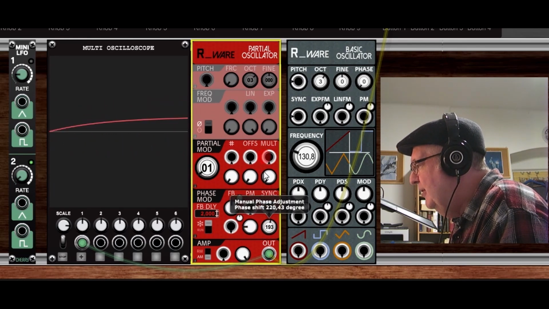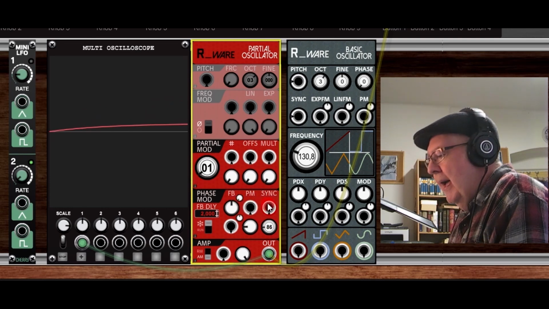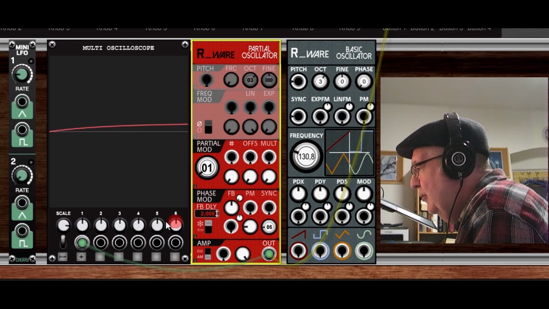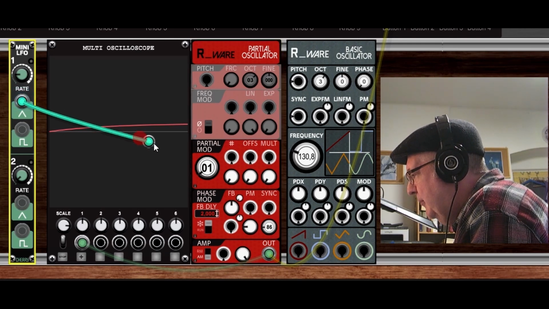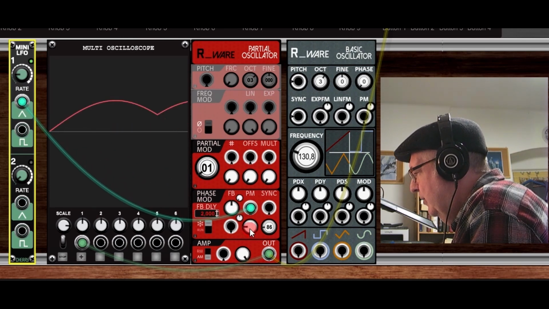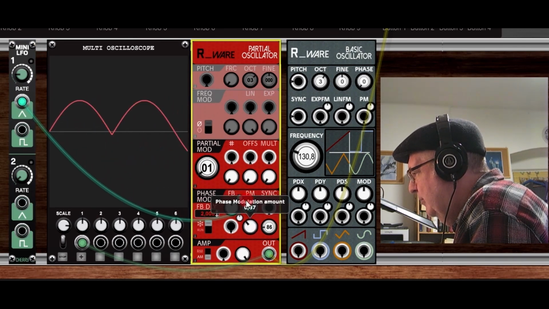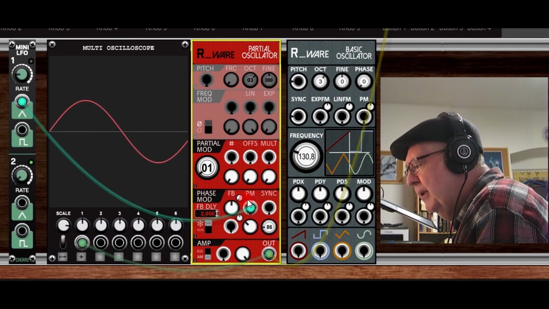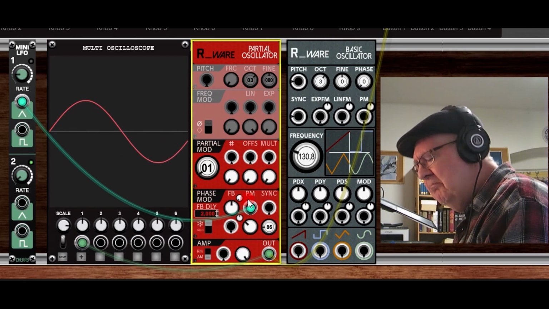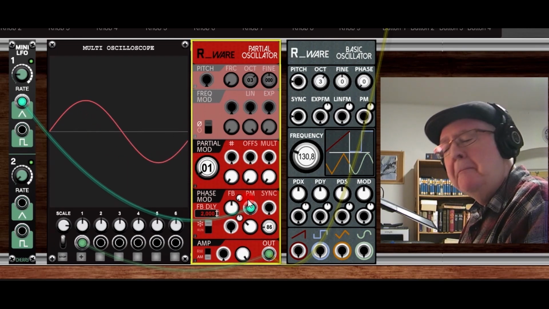Yes, the princess is reacting somehow. Anyway, in the next step I'll take an LFO and let it do my job. So I patch the LFO to the phase modulation input jack. And the princess gets nervous a bit, like having a disturbing dream.